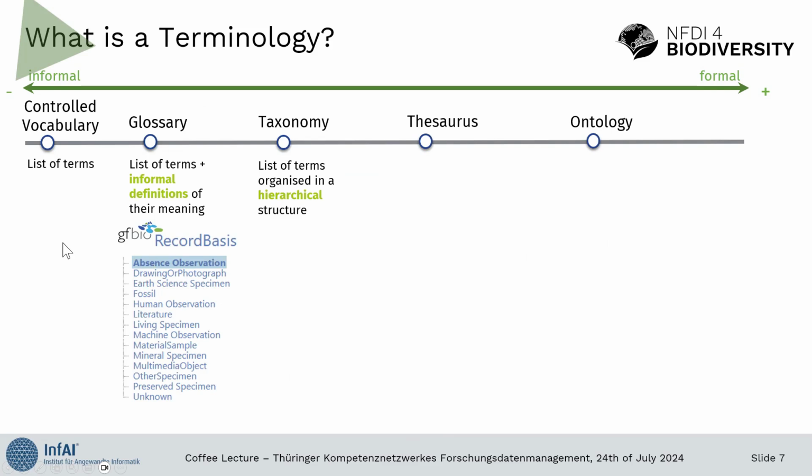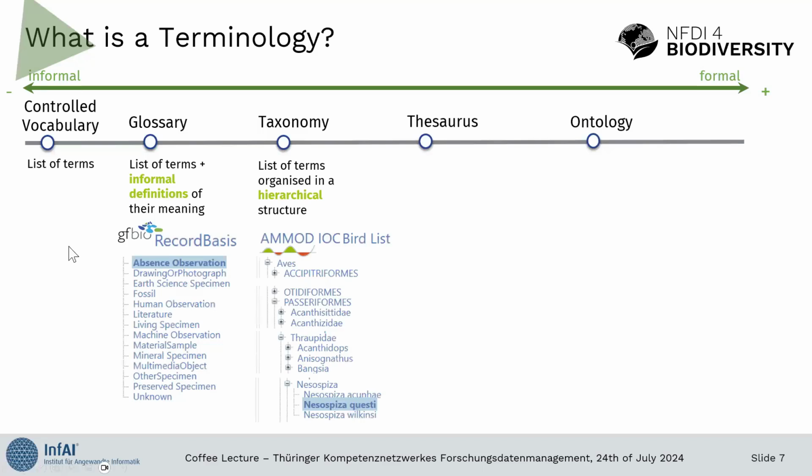Then a taxonomy is a list of terms organized in a hierarchical structure. An example would be the AMOD IOC bird list, which is a taxonomy of birds. Then we have a thesaurus, which is a controlled vocabulary with connections or relations between terms, for example narrower and broader for hierarchy, or related terms, and also synonymy.